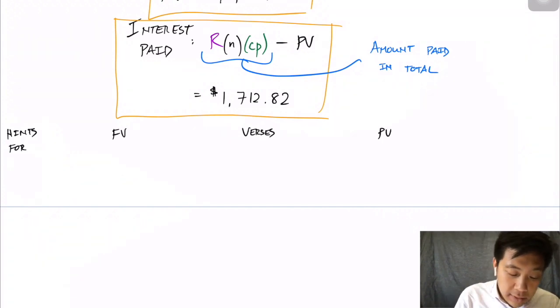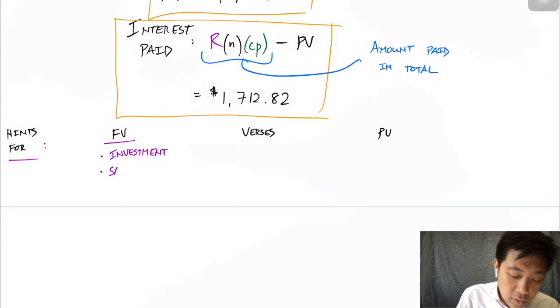So here, you know that the future value is some type of investment, a savings, think 401k.